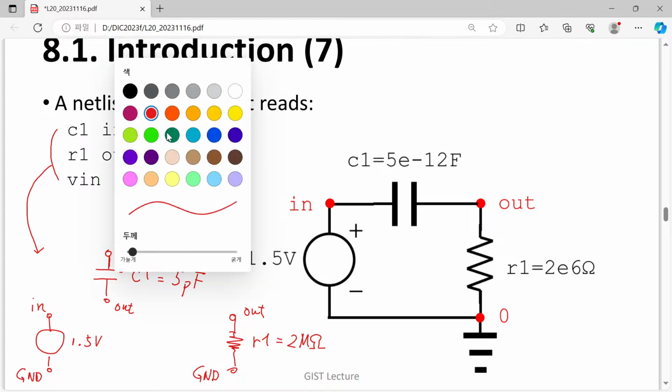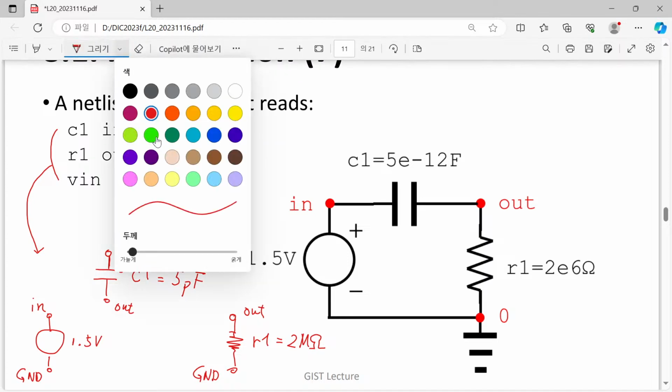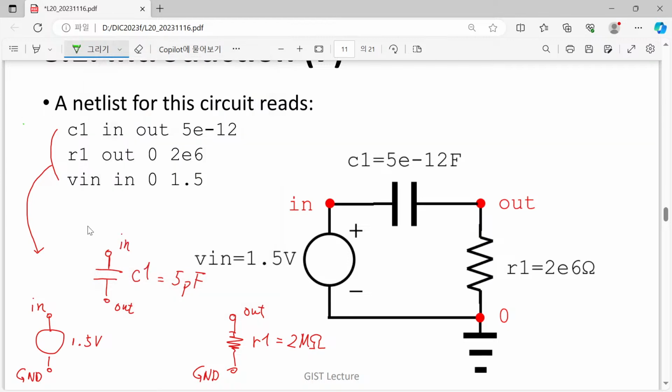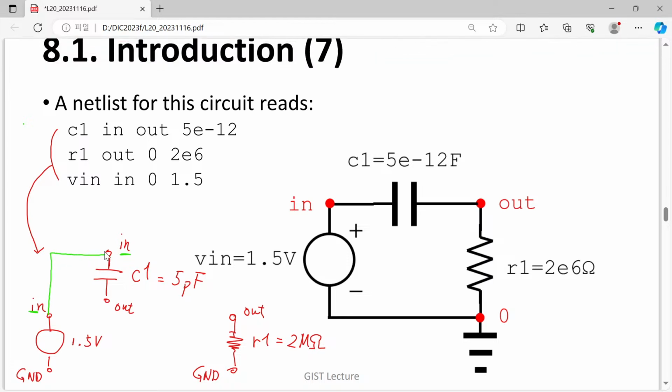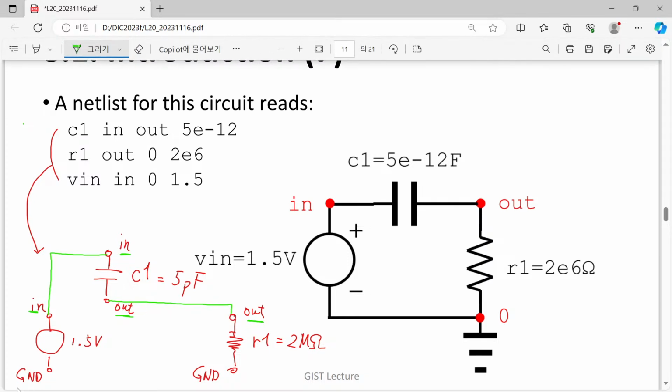After that, our computer program should connect them, following the node specification. Where is in? Here we have in and in, so we must connect them in this way. Where is out? Here we have out and out, then we must connect in this way. Where is ground? Here we have ground, and they are connected.